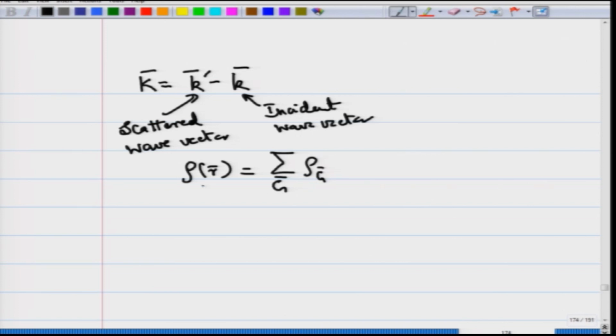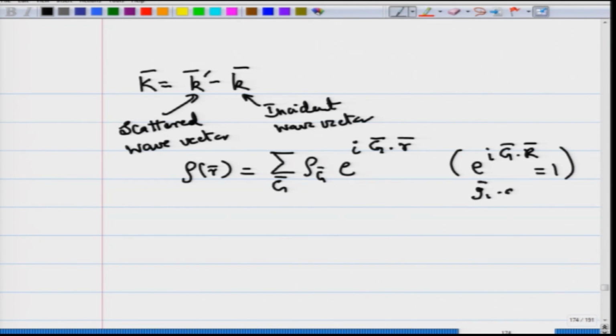Because of periodicity of the lattice and translational invariance, we saw that rho of r can be expanded in the reciprocal space, and you can write it as e raised to I g bar dot r bar, where e raised to I g bar dot capital R becomes equal to 1. So, translational invariance allows you to write this in terms of this, and your reciprocal lattice vectors satisfy this condition.